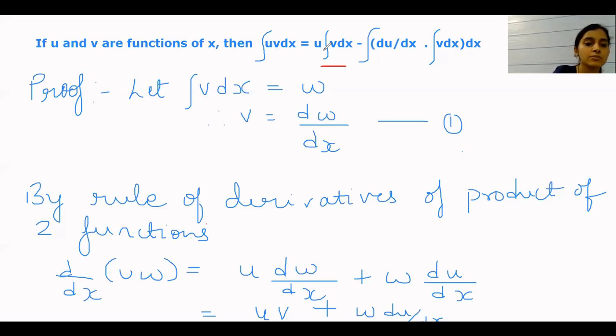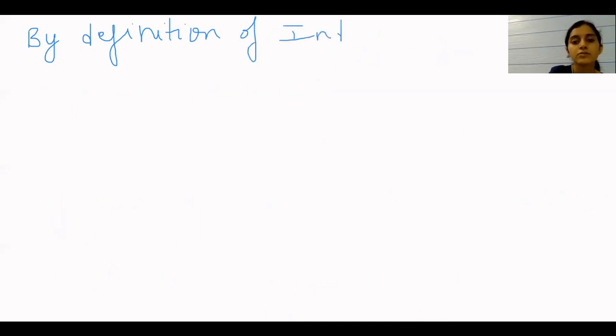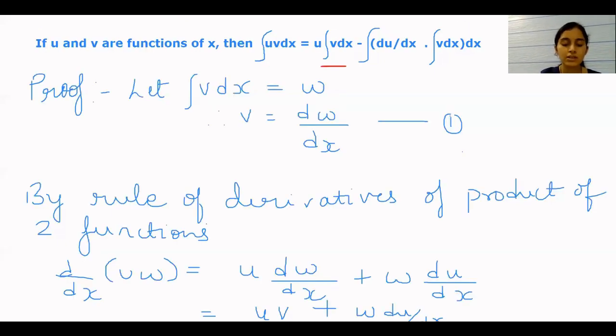The next step is by the definition of indefinite integration. If we have the derivative of a function, how do we write its integration? If d by dx of uw is this function, then the integral of this function will become uw.